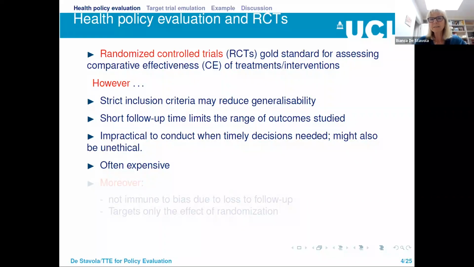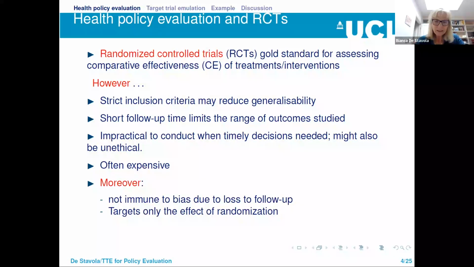And finally, RCTs could be unethical. You should not randomize people to harmful exposures or interventions, and they are often very expensive. In addition to these criticisms, which are very well known and often cited, sometimes one doesn't really click onto the fact that RCTs suffer from biases as well.